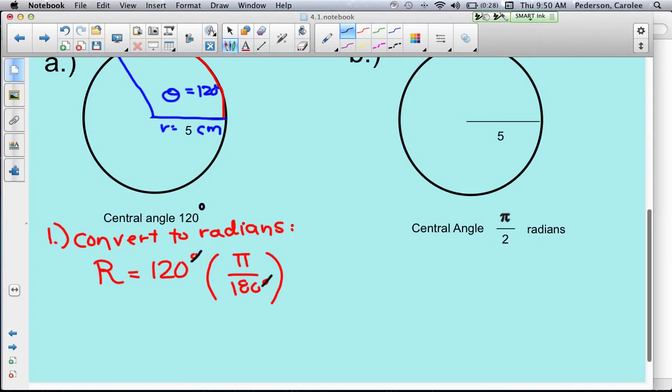What can I reduce 120 and 180 by? What factor? By 60. So I can divide 120 by 60 and I get 2. And I can divide 180 by 60 and I get 3. So then my central angle in radians is 2 pi over 3 radians. Now I have my theta. Now I'm set to use the formula for arc length.